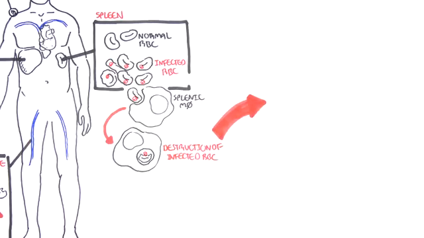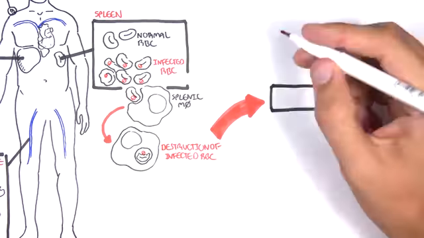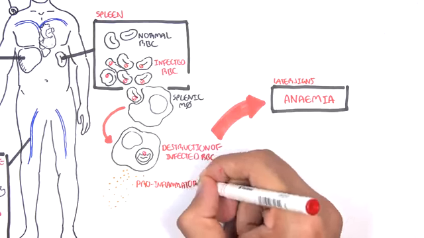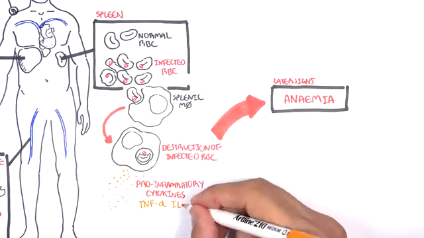As a consequence, these macrophages kill many red blood cells, which can eventually lead to anemia, but also it will lead to the production of large amounts of pro-inflammatory cytokines such as TNF-alpha and interleukin-1 beta.